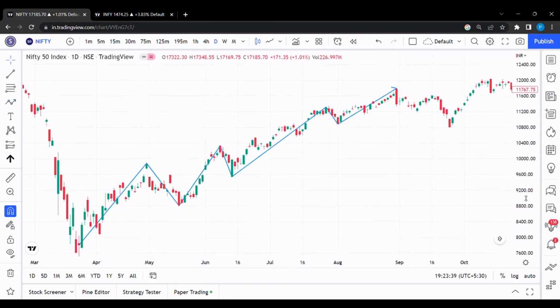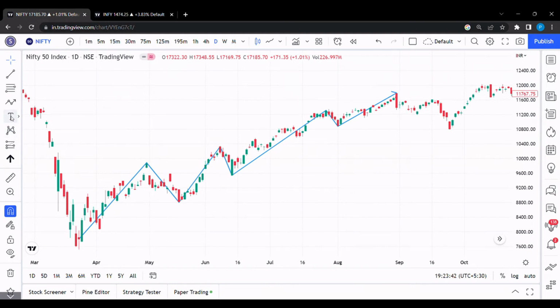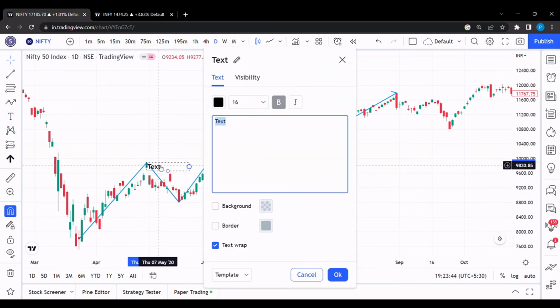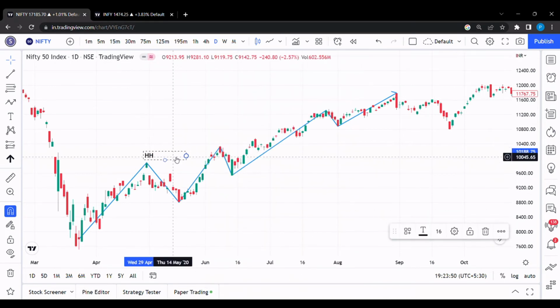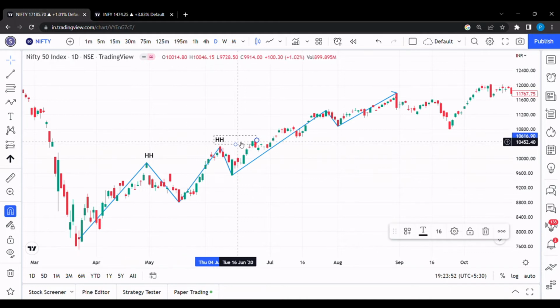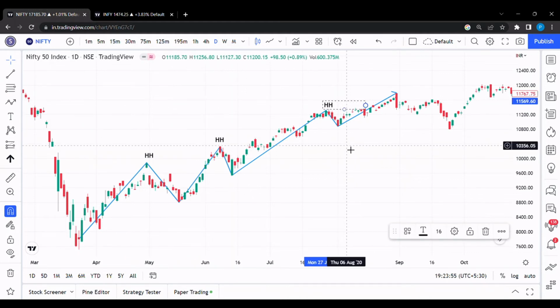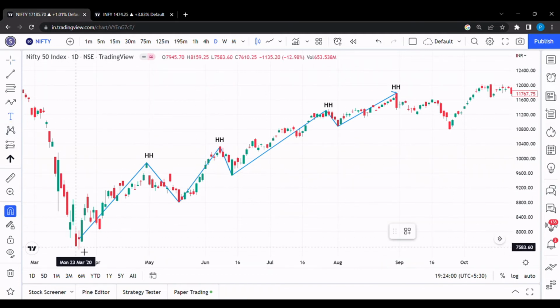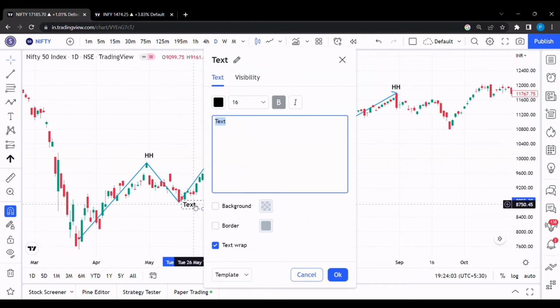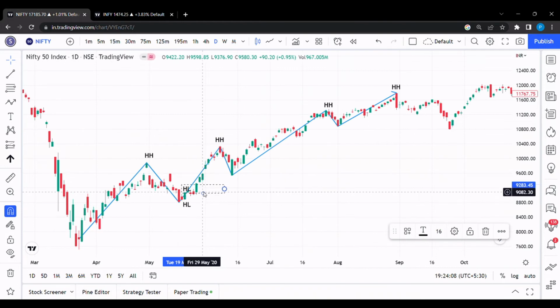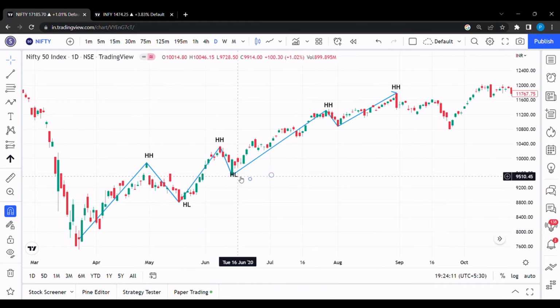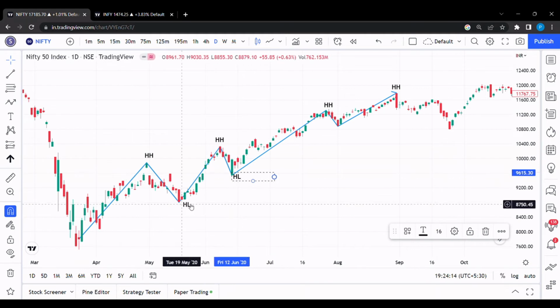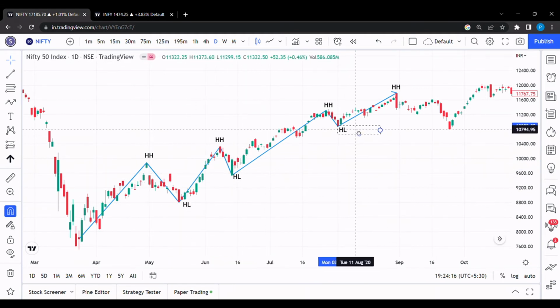So if you see this, we can say each point is higher than the previous. Each high is higher than the previous high, right? This is higher high, this is higher high, this is higher high. Nothing complicated. This is higher low, this is higher low. Why? Because each low is higher than the previous low. This low is higher than the previous low. And quickly I'll mark the other one as well.